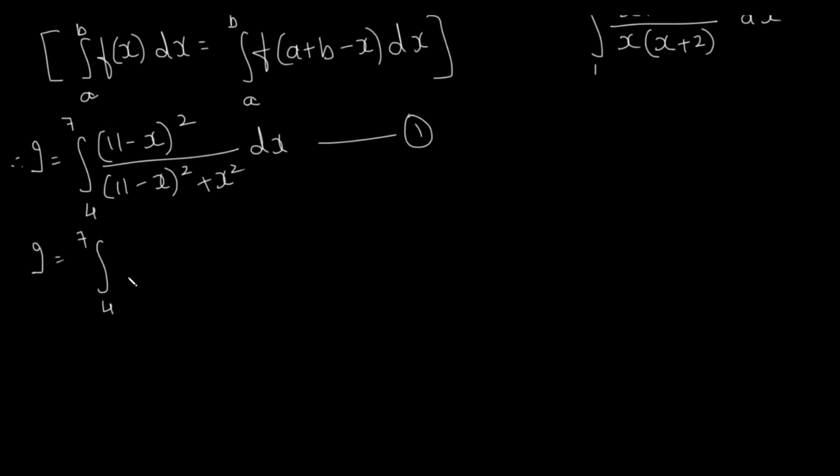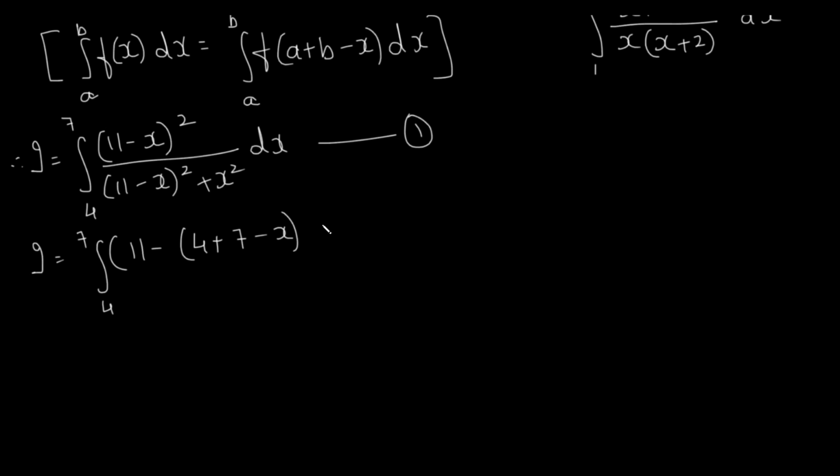Okay, over here, integral 4 to 7, we can write this as wherever x is there, we put a plus b minus x, that is 4 plus 7 minus x. So over here, that is 11 minus x.